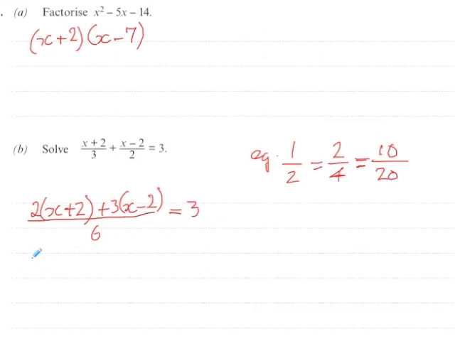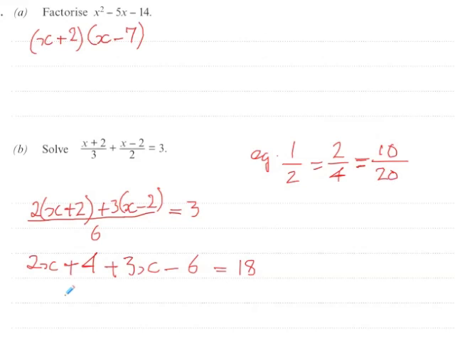So we're going to expand this out as well, so 2x plus 4 plus 3x, and plus 3 times minus 2 is minus 6. As I say, we're not going to put this over 6 now because we're multiplying the top here by 6, but we're doing the same to this side. So that equals 18.